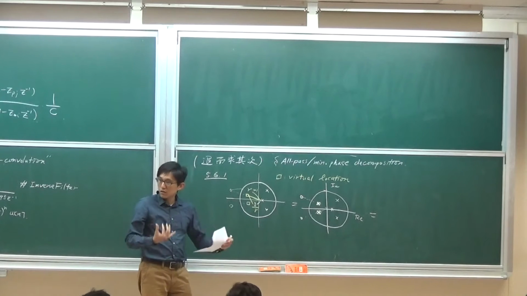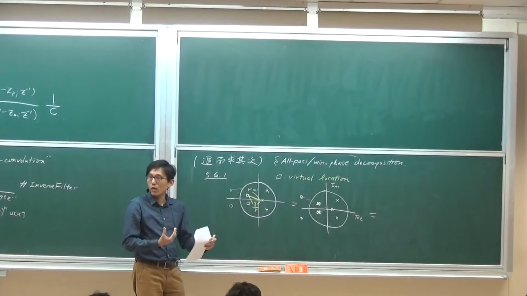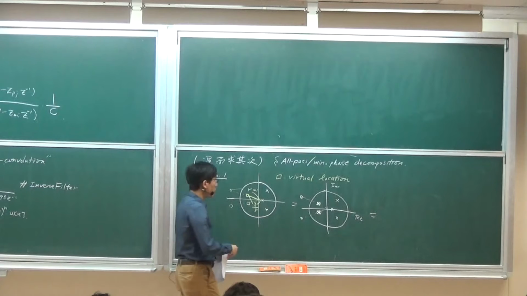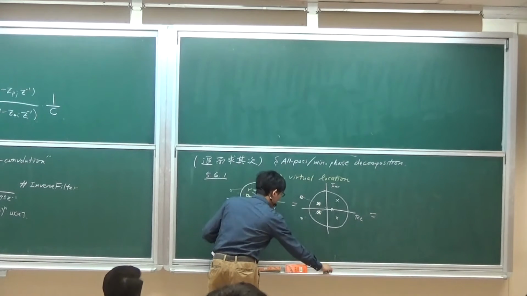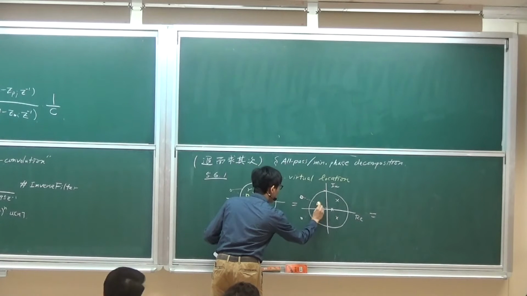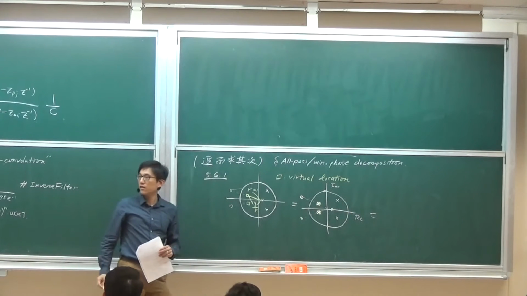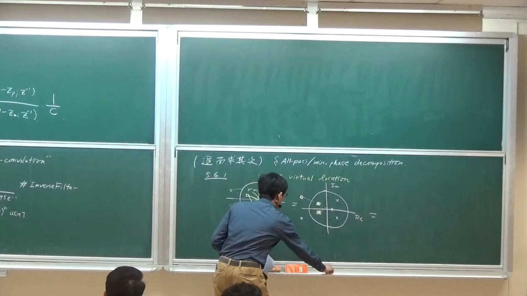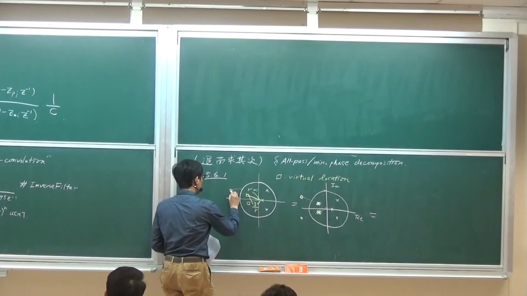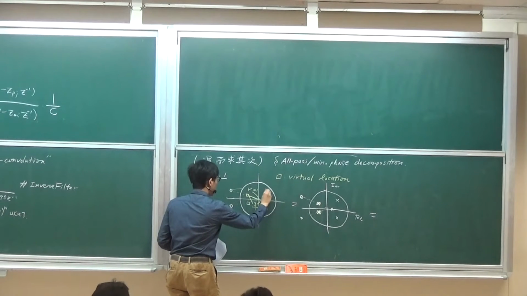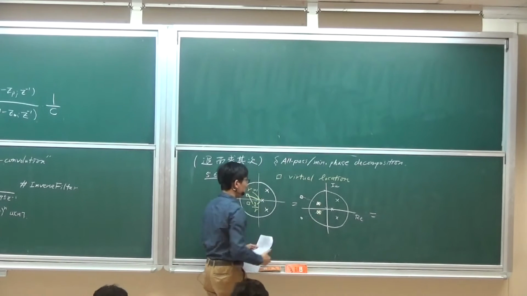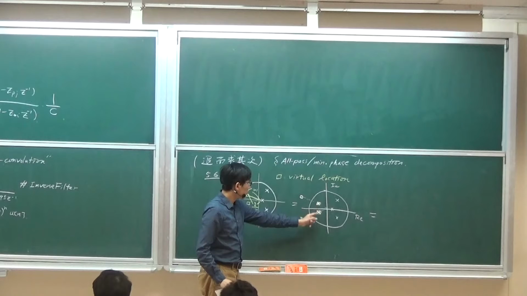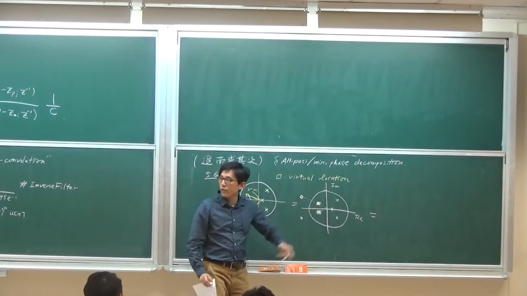Okay, so can you gradually see what's going on? We're going to team up the virtual pole with the outside zero and leave the virtual zero with everything else. So we say that the original system function, two outside zeros and three inside poles, is equal to a system which has additional poles and zeros at the virtual locations.